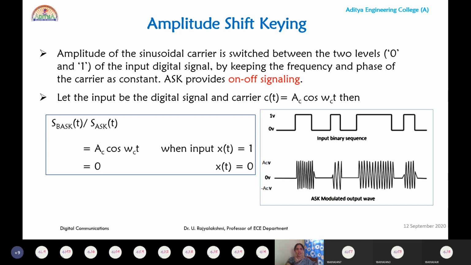This ASK technique is also called on-off signaling, or on-off keying, whose acronym is OOK. So amplitude shift keying is also called the on-off keying technique.